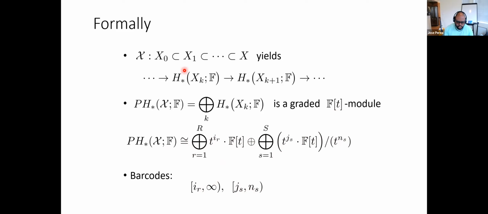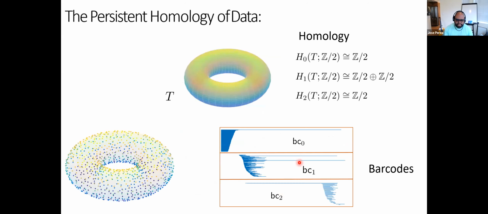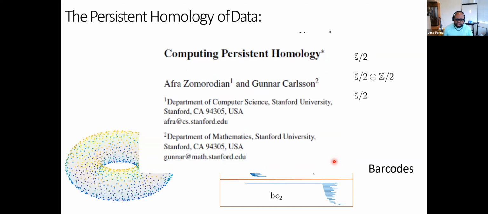And when you do that, and you get these intervals, that is exactly what we're computing here in the bottom right. We're computing the invariant decomposition of some module that is interesting. If you want to know more about the algebra, I would recommend the paper that introduced the idea.